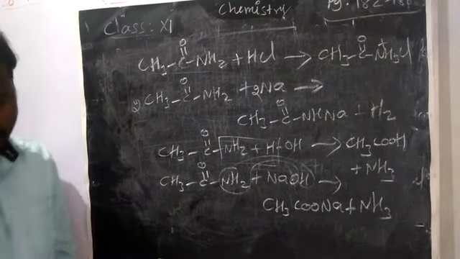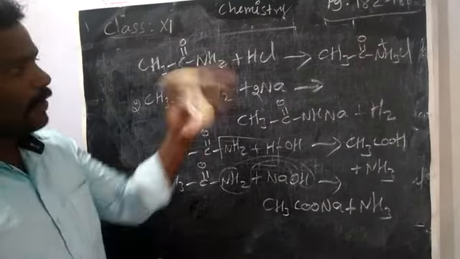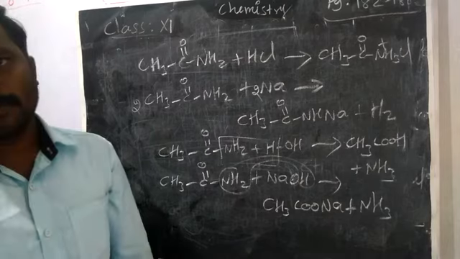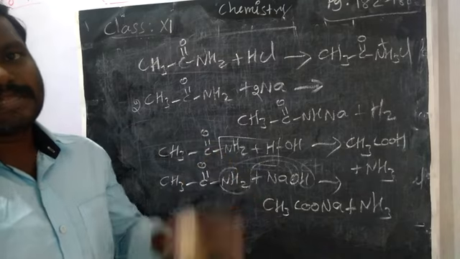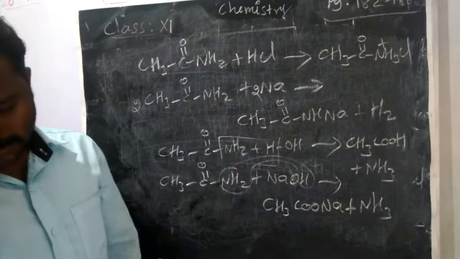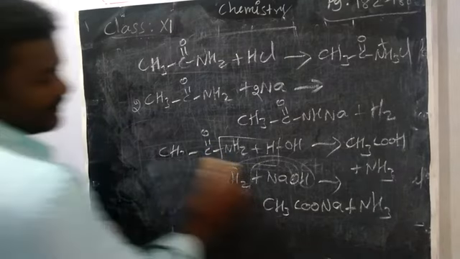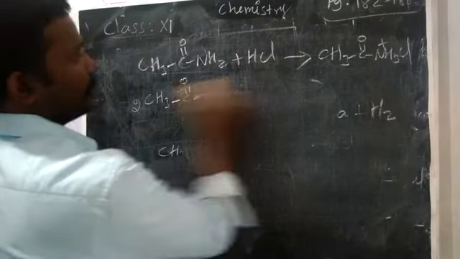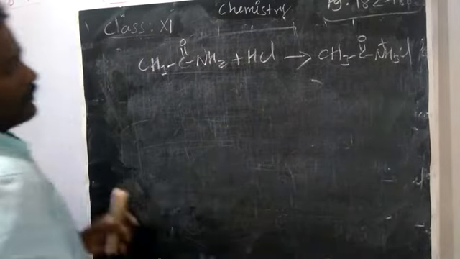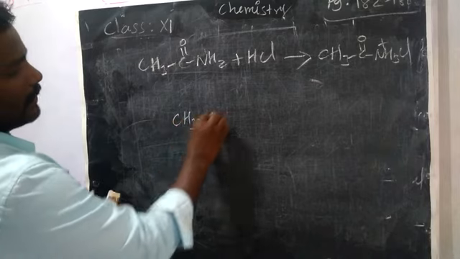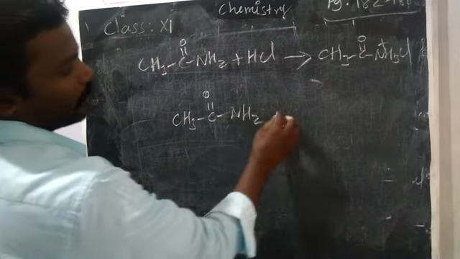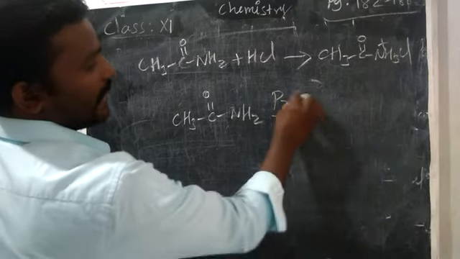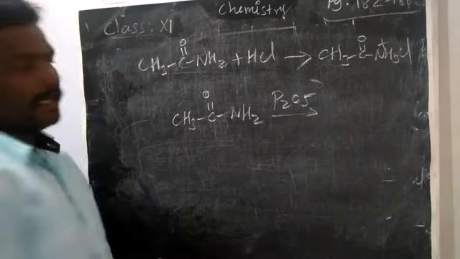The last reaction: first we prepared acetamide from methyl cyanide in the third preparation. The reverse reaction is acetamide on dehydration. CH3, C double bond O, NH2 with the dehydrating agent, catalyst phosphorus pentoxide.